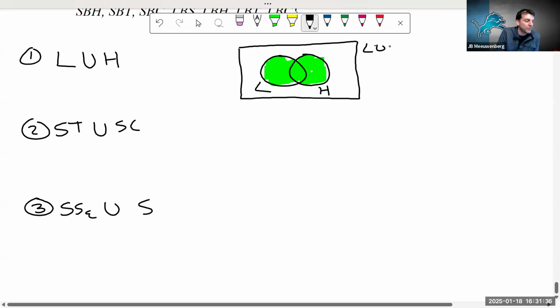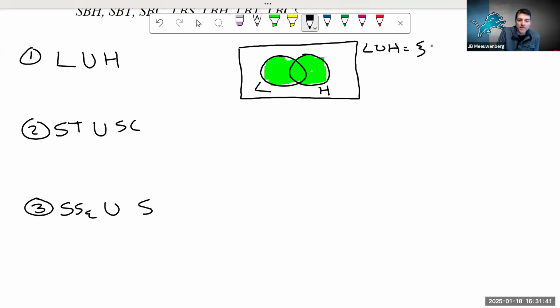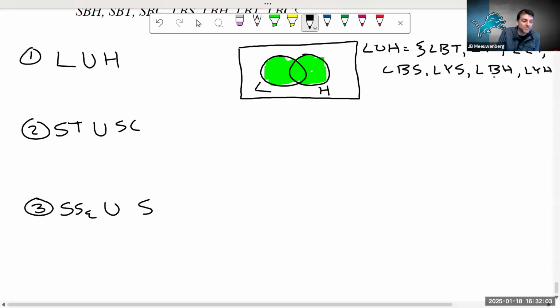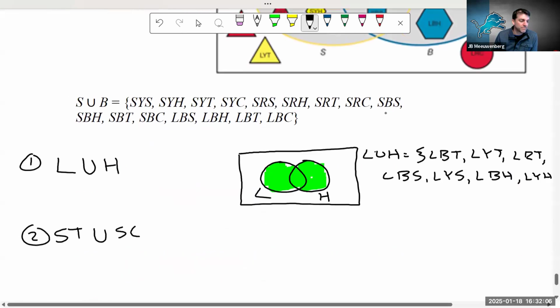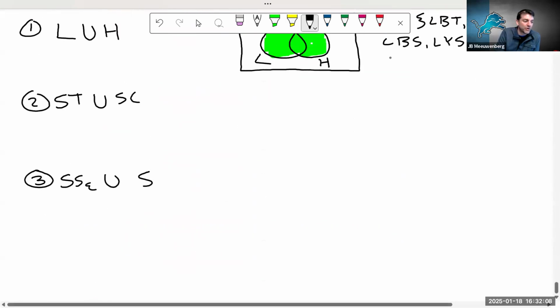L union H would be, see if I can get all these correct: large blue triangles, large yellow triangles, large red triangles, large blue squares, large yellow squares, large blue hexagons, large yellow hexagons.